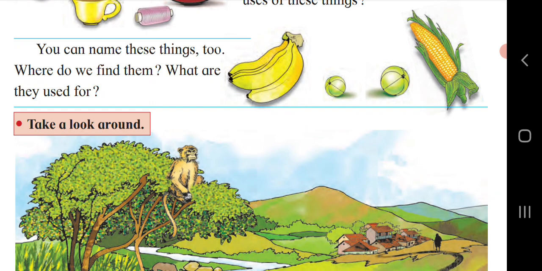We make use of amla to make different materials or dry items. Corn can be used to make flour or to make a corn roti. So these are the products which we get directly from the nature.